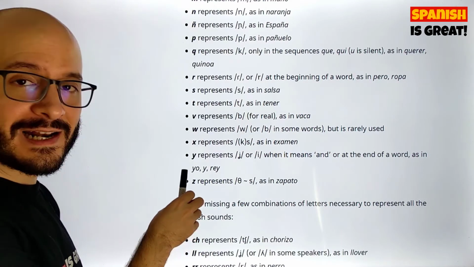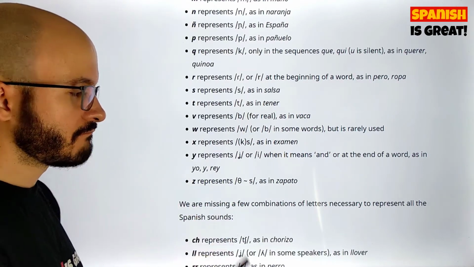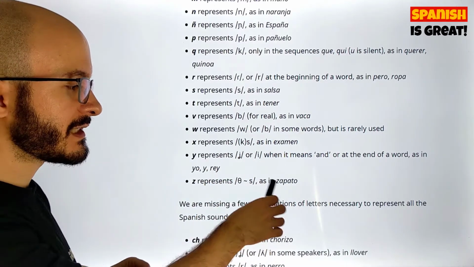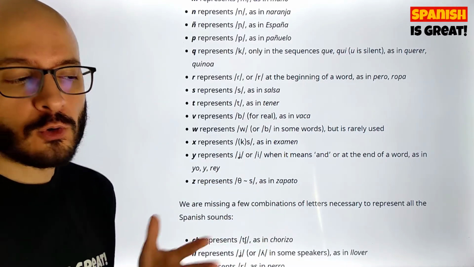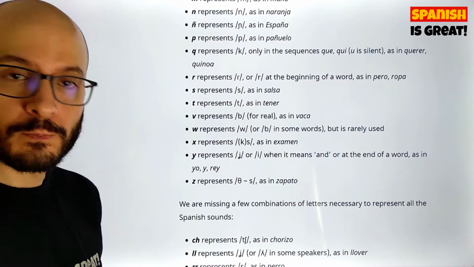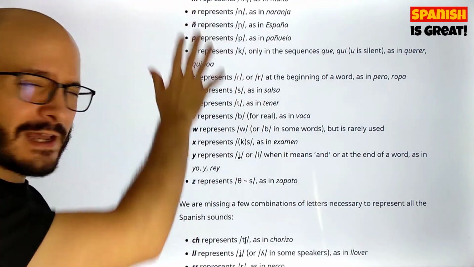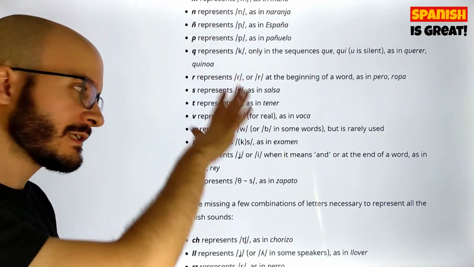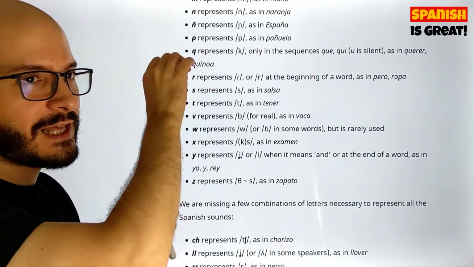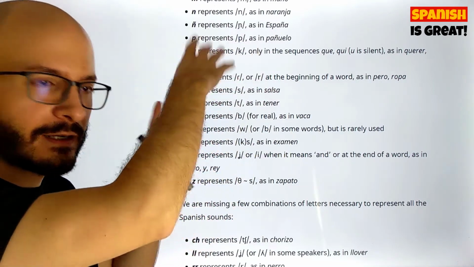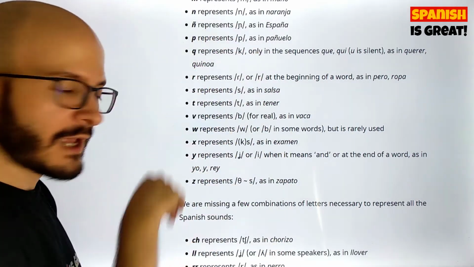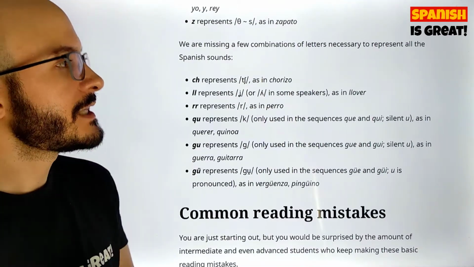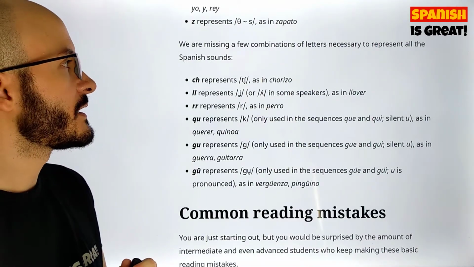And then la letra Z represents, of course, th or S, as in zapato, shoe. Okay, so here are the normal or single consonants, how they sound in general 99.99999% of the times, but we are missing a few combinations of letters necessary to represent all the Spanish sounds.